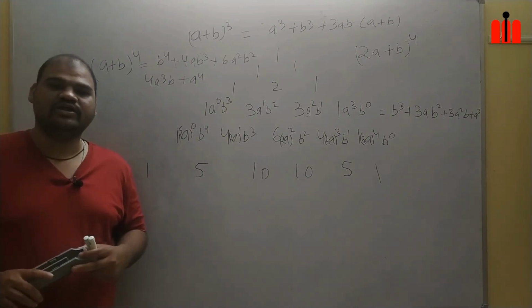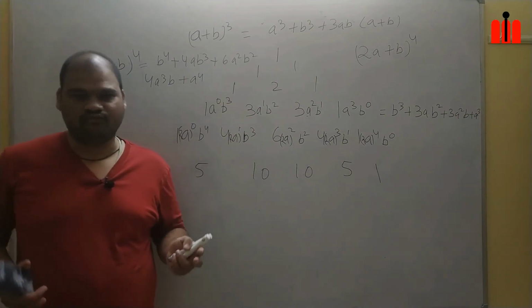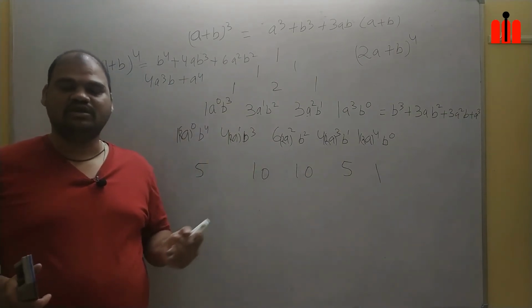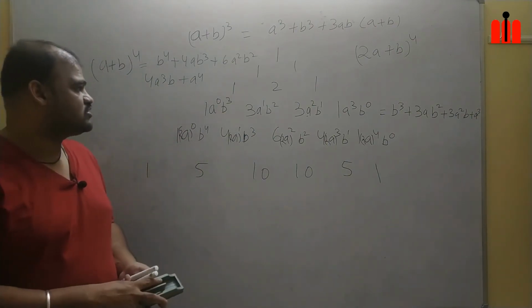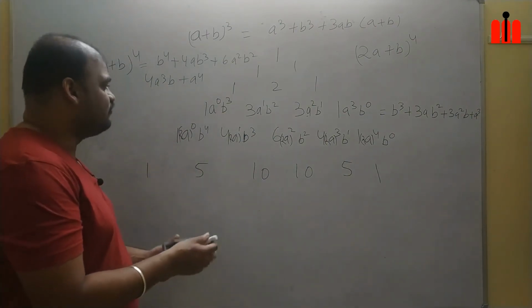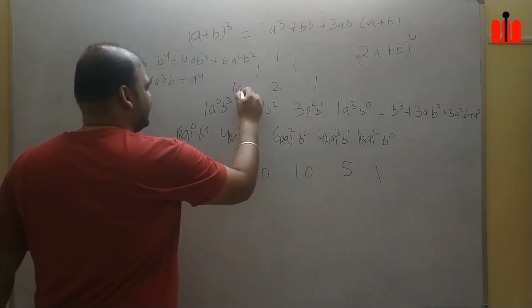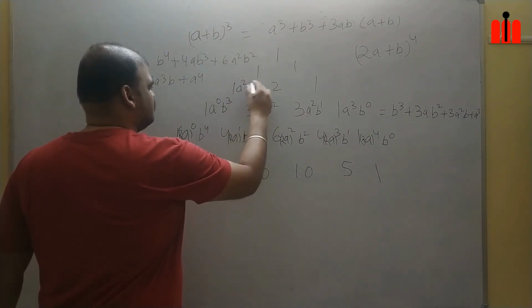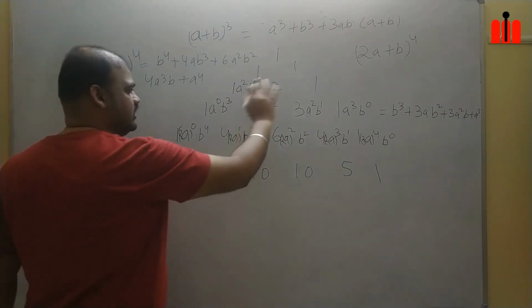So by this you can get any formula of (a plus b) to the power of 1, (a plus b) whole square. For (a plus b) whole square, here you put a to the power of 2, b to the power of 0. Either you can put a or b, no problem, it is a symmetric triangle.